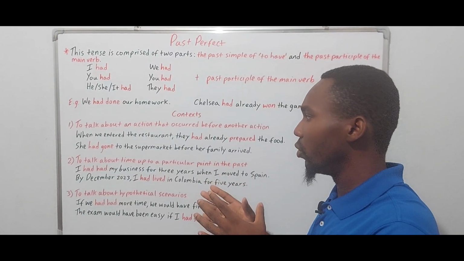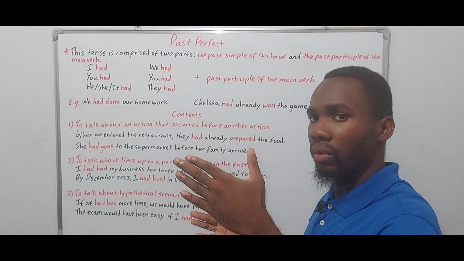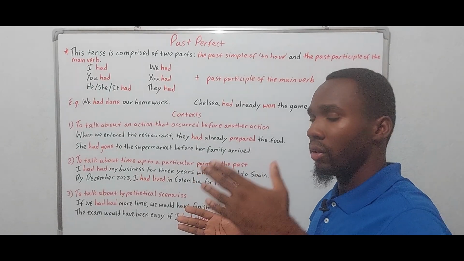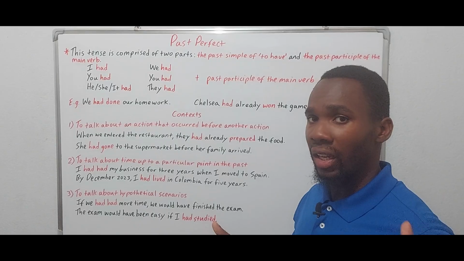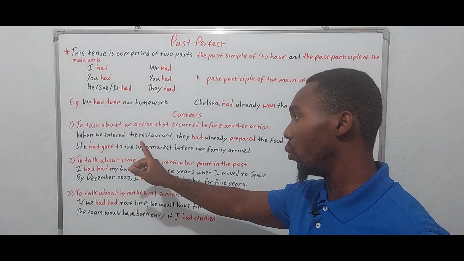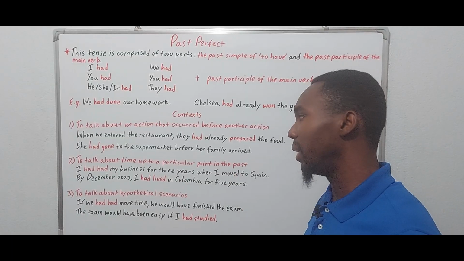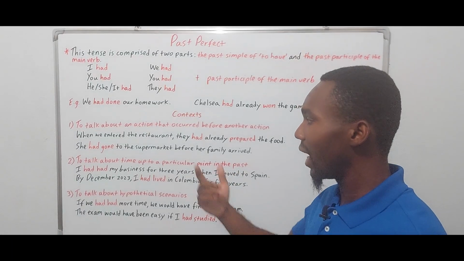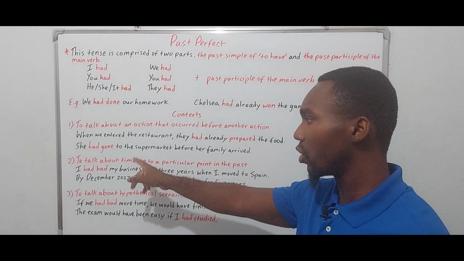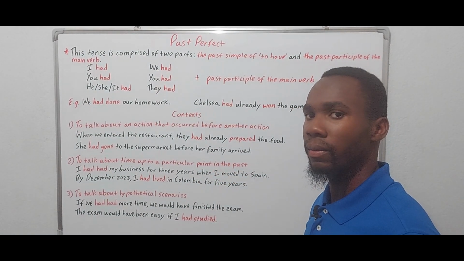So when it comes to this usage, we look at the particular point in question, and then we go back in time to the start of another action. So in this case, it would be the time between when I started my business and when I moved to Spain. So this is why we have to use the past perfect. Because it's to talk about time up to a particular point. So up to that point, right?